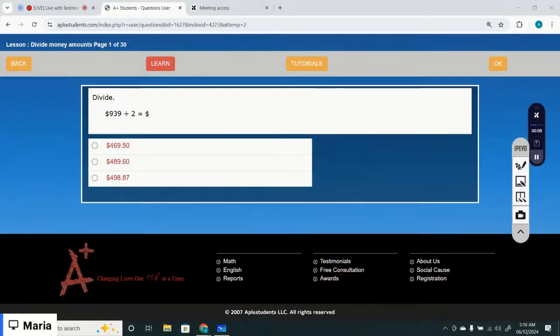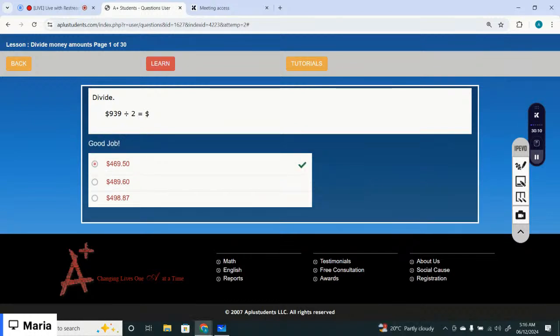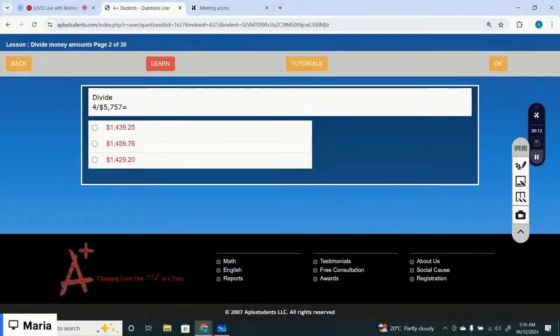Option number 1 is the correct option. You have to divide 5,735 divided by 4.